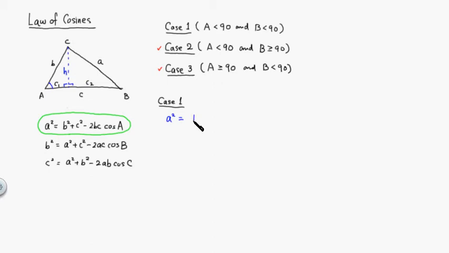Since I want to get the b squared somehow, we can get that by using another Pythagorean theorem: h squared is b squared minus c1 squared.